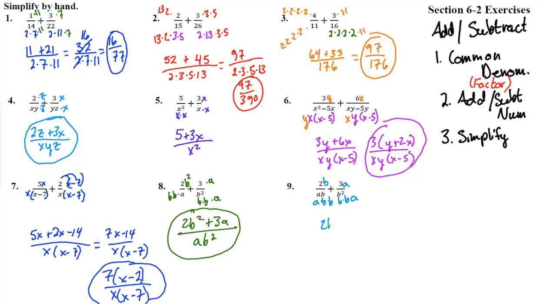So we get 2b plus 3a over ab squared. Almost the exact same thing, but notice the difference in the squared. Since this already had a b, the least common denominator, both of them have ab squared, but this didn't need to change by as much. Good deal. Excellent.